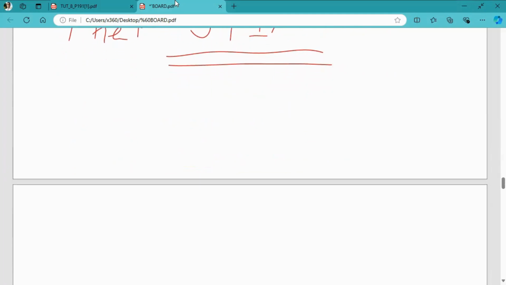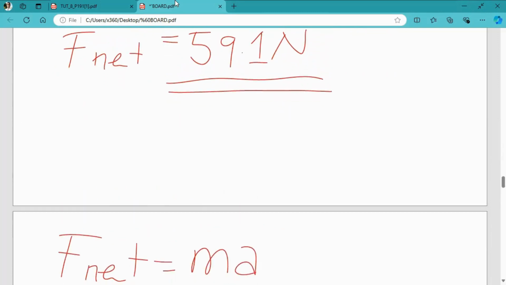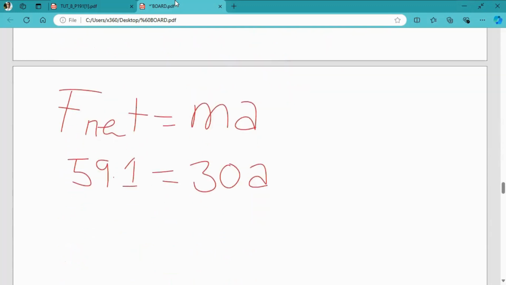Now we're supposed to find the acceleration, and to do that, we can now bring in Newton's second law. Summation of forces, which is F net in this case, will be equal to mass multiplied by acceleration. And we've already calculated our F net, that's 59.1 Newton. So 59.1 newtons will be equal to mass, which is 30, multiplied by acceleration.